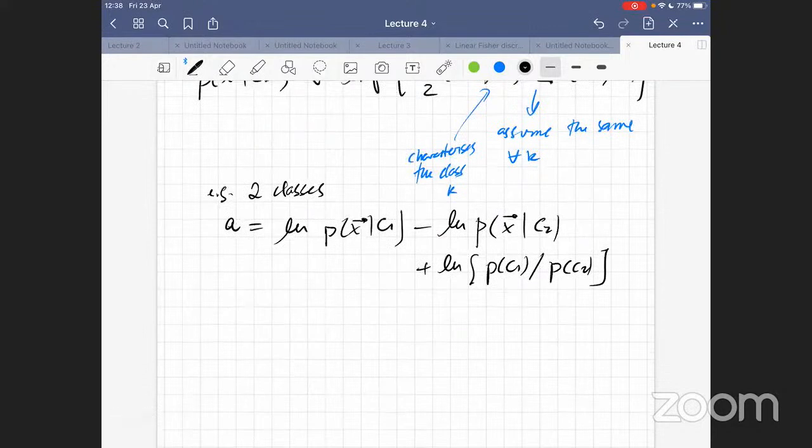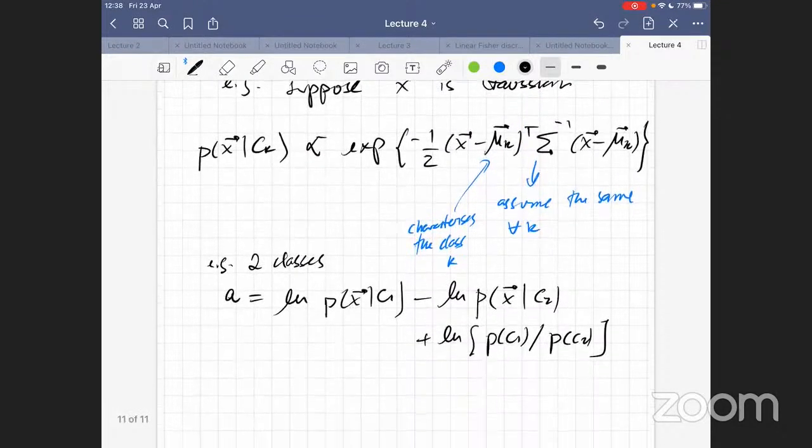But if I do this with this expression above, I end up being able to express A in the following way. This is just one single line that I have not written here, but it's very straightforward to obtain.